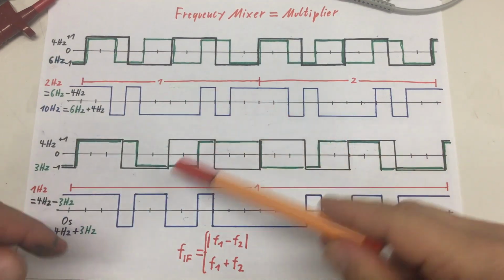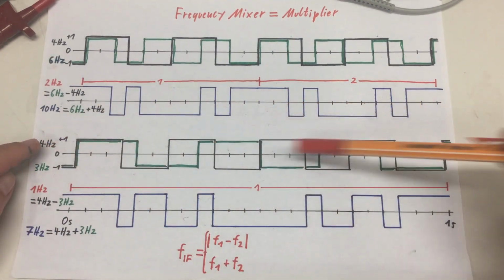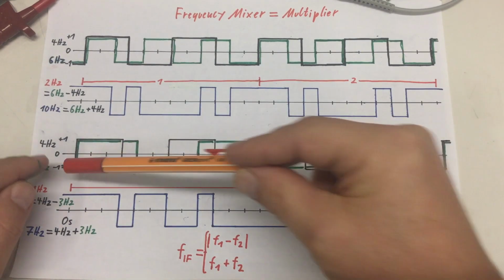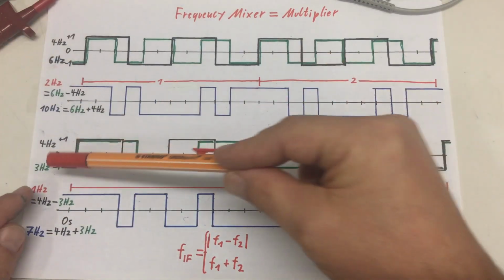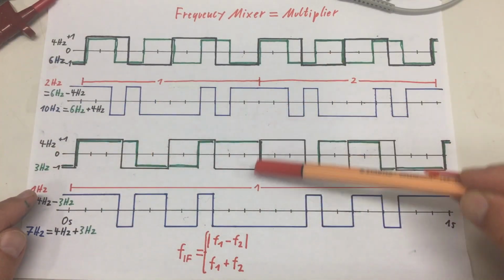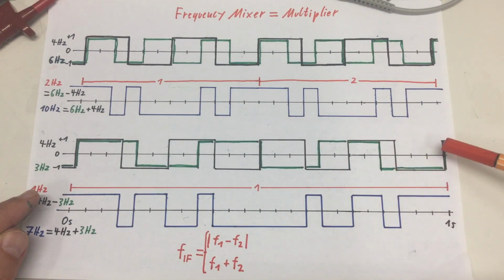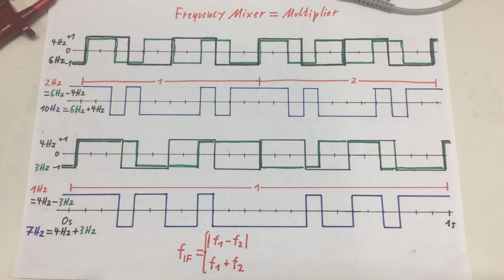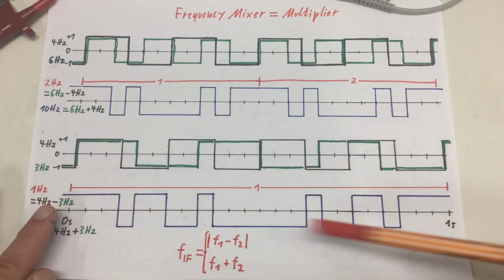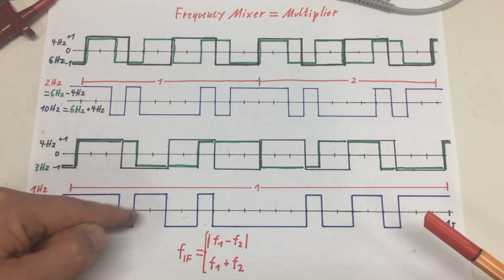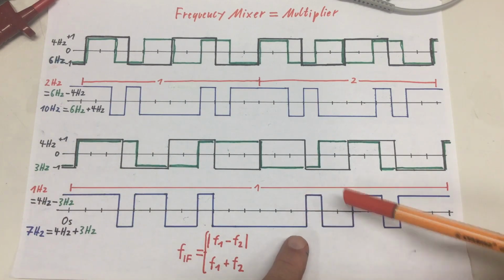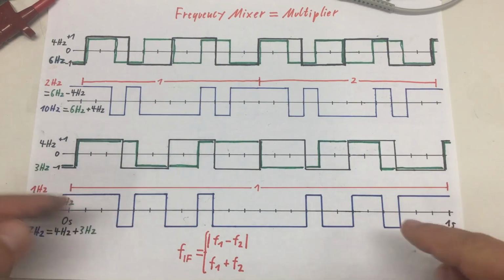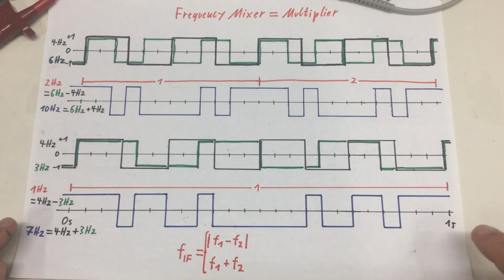Second example. We have again our 4 Hertz wave in black, and this time we multiply it with a 3 Hertz wave in green. So 1 cycle, 2 cycles, 3 cycles. And that's the resulting curve here. You can see that pattern: we start high, grizzle, low, grizzle, high, and so on. It repeats once every second.